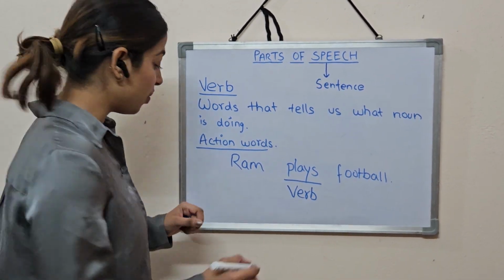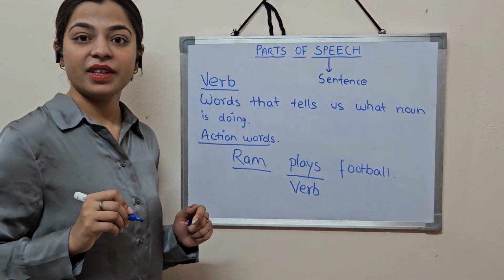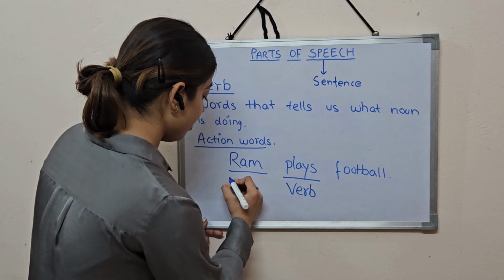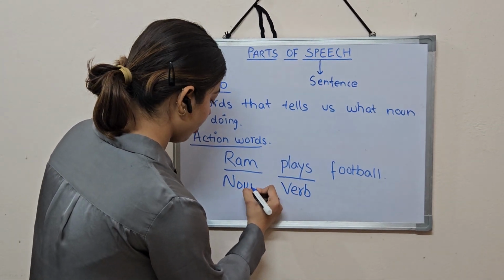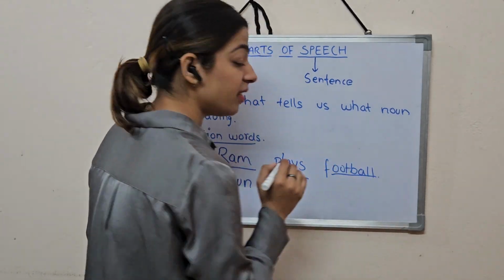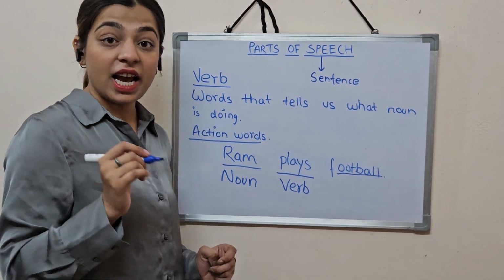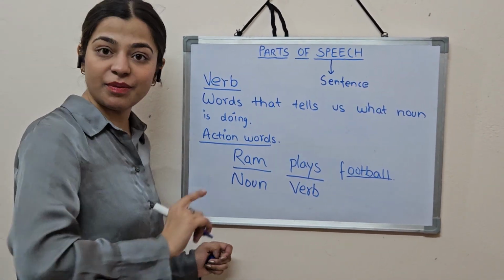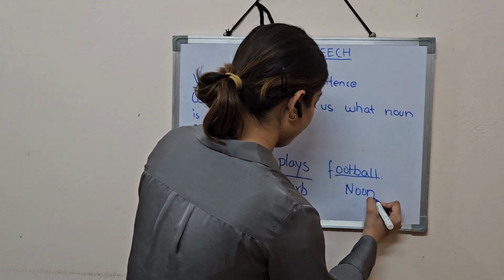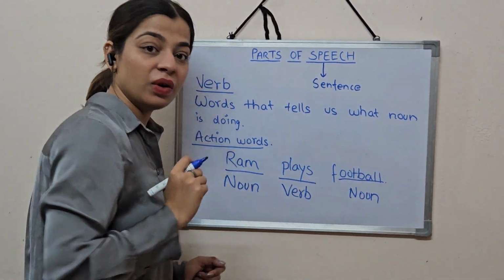Come on, tell me once again, what was Ram here? Ram was name of a person, right? So Ram is the noun. Very good. Now, what was football, you remember? Yes, it was name of a thing. And what is name of a thing? A name of a thing is a noun again. So Ram plays football.